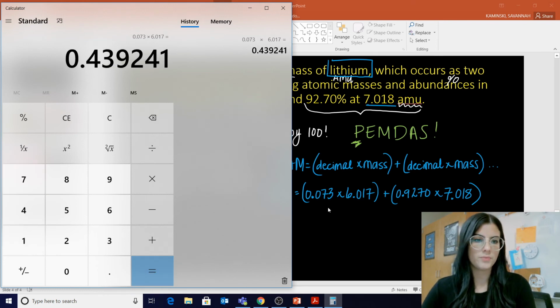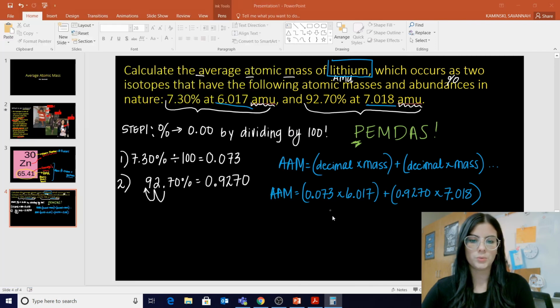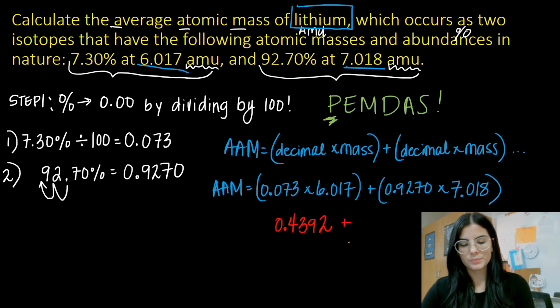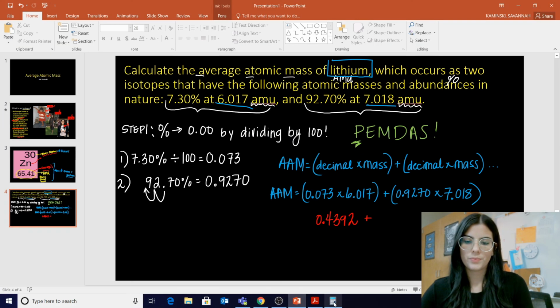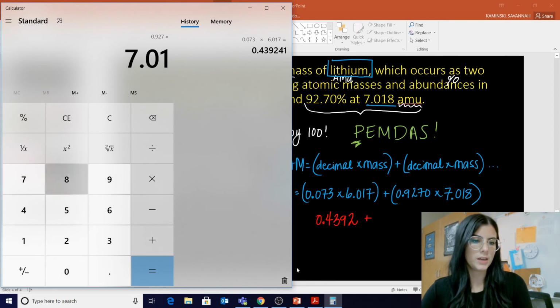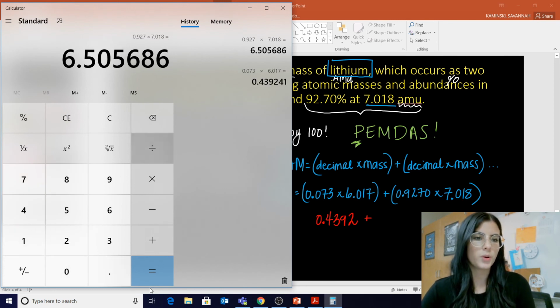All right, so we have 0.4392. Okay, and then now let's calculate the second one. So it's going to be 0.9270 times 7.018 equals 6.505.